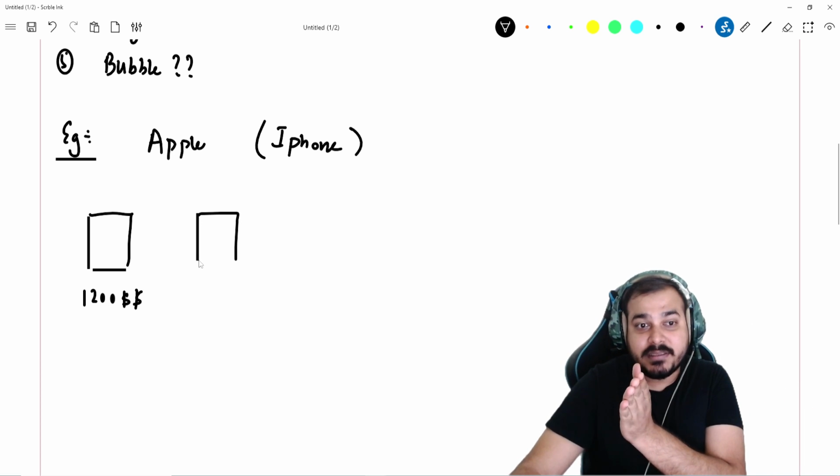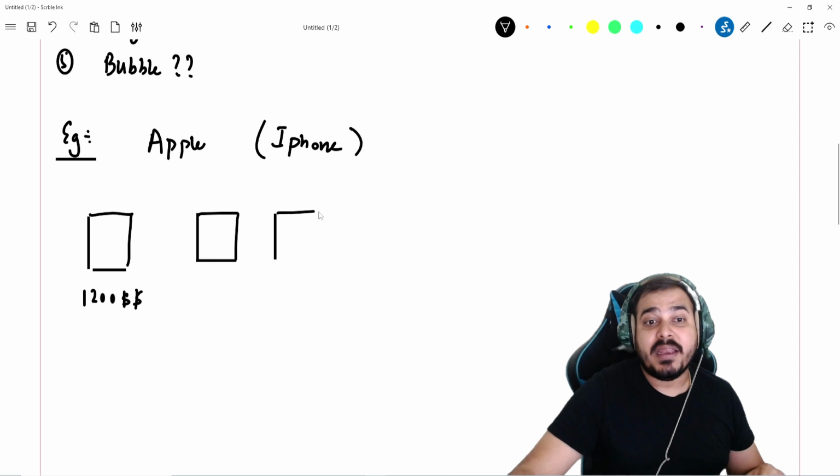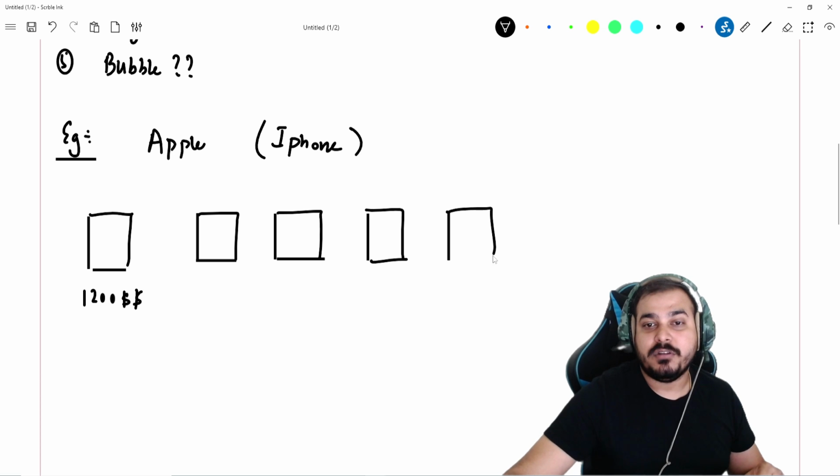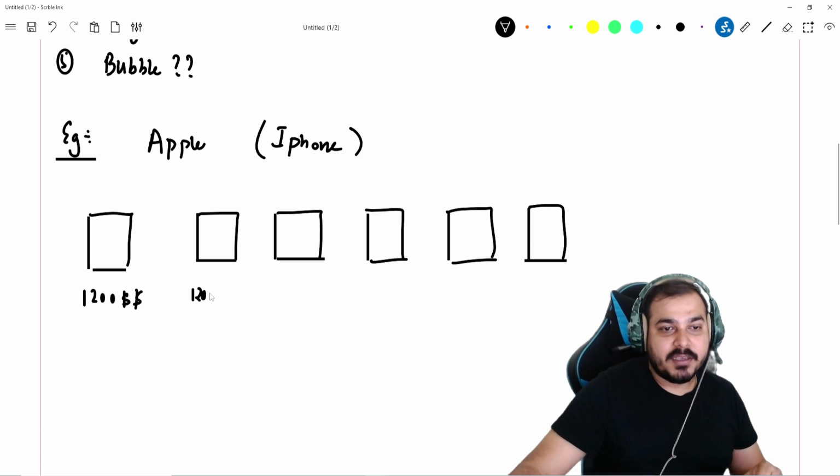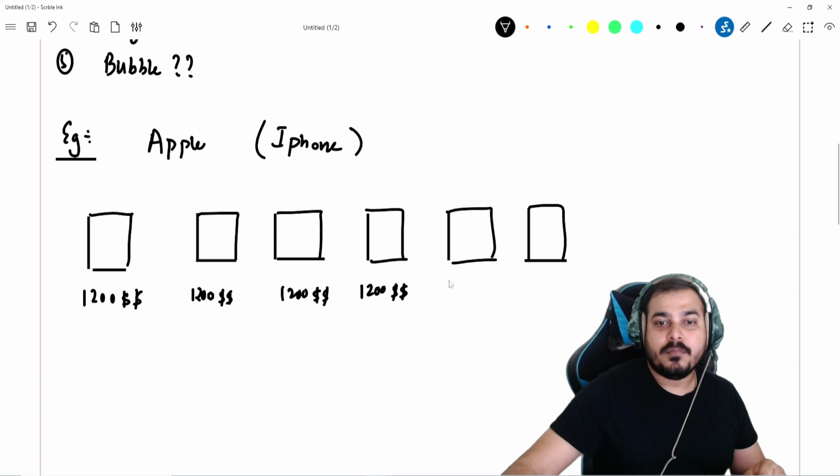Apple can sell as many iPhones as they want. Suppose this is the iPhone 13, which was recently launched. The price of the iPhone is $1,200.